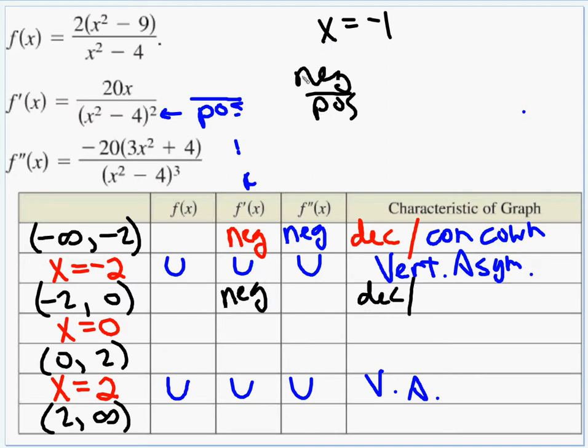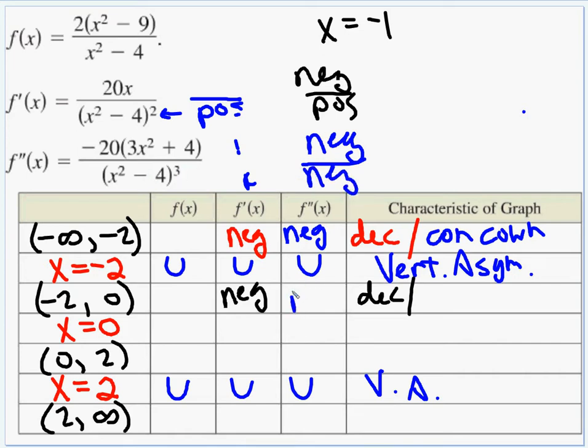And if we put -1 into the second derivative, our numerator is this quantity here, and that's going to be 3 plus 4 is 7 times -20, a negative numerator. Down here, -1 squared is 1, 1 minus 4 is negative, and when you cube that, it is also negative.